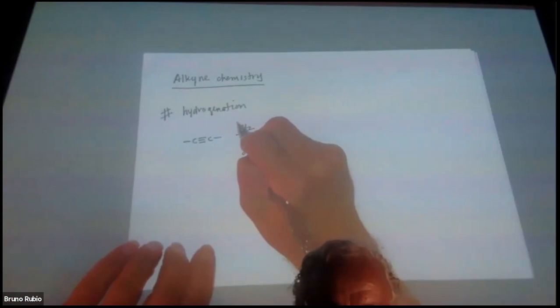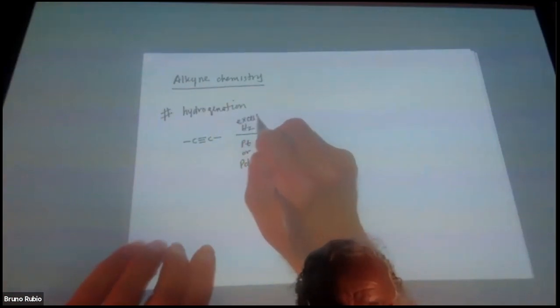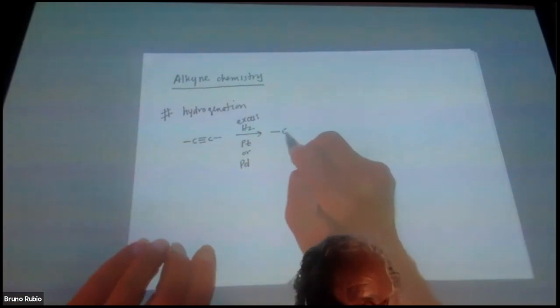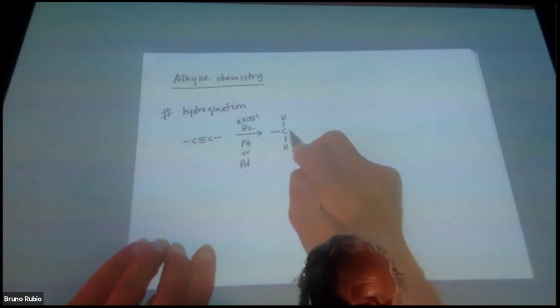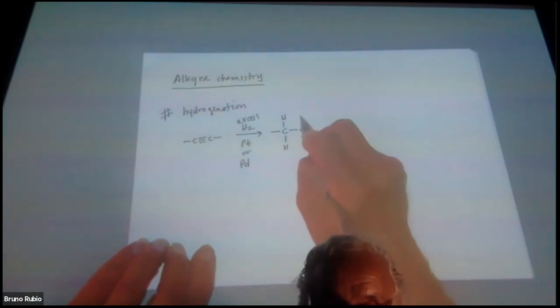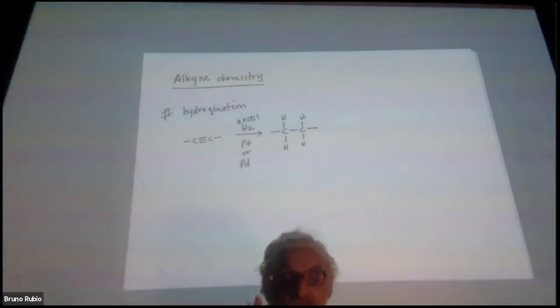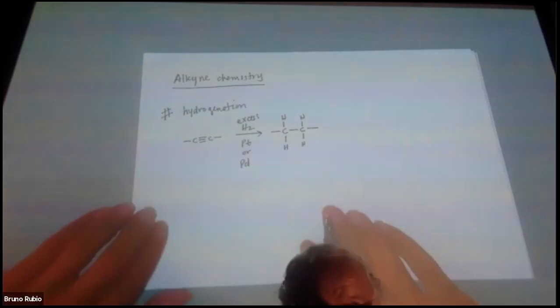So I guess I'll put excess, we don't need to say excess, but we will. What happens here is the carbon-carbon triple bond is completely degraded to a single bond, and so the triple bond gets knocked out and it's converted to an alkane.